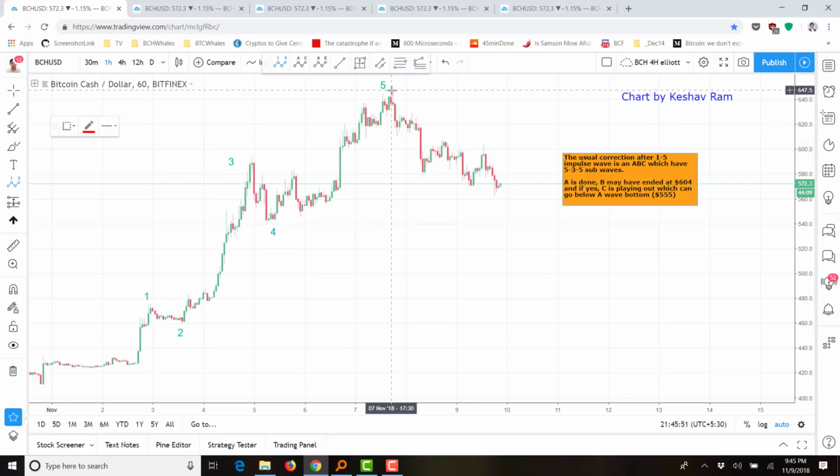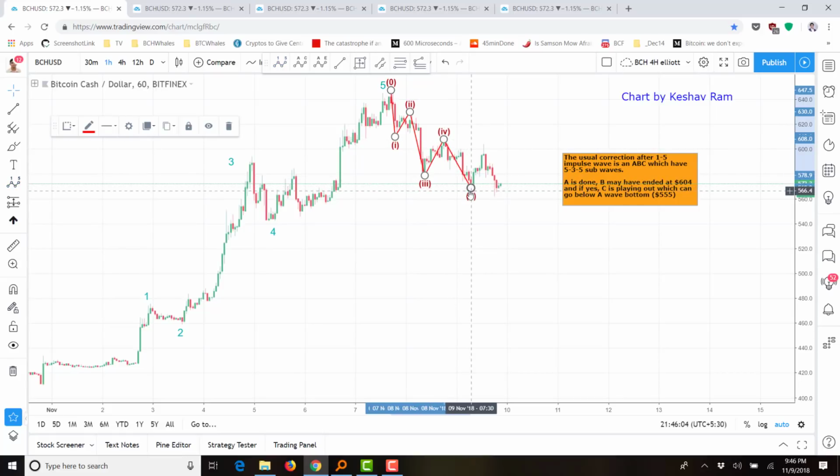Okay, so from the peak, I'll draw the subwaves. This is the first wave, this is the second wave, this is the third wave, this is the fourth wave, and this is the fifth wave. So with the fifth wave, we ended at $570. I tweeted about this yesterday.